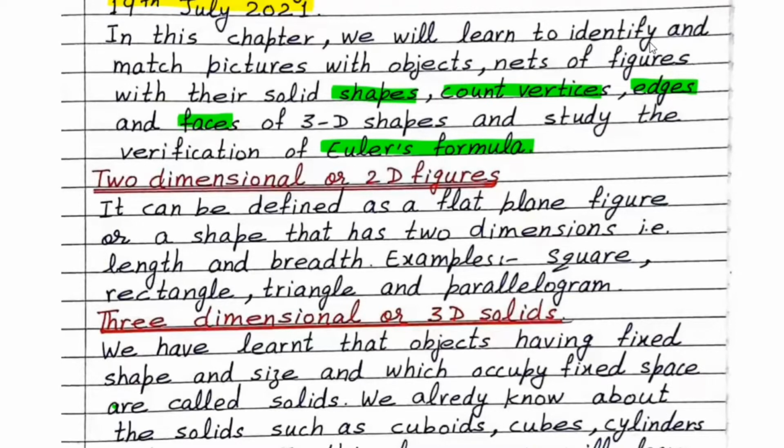Let us discuss what is the meaning of two-dimensional shapes, or we can call them 2D figures. It can be defined as a flat plane figure or a shape that has two dimensions, that is length and breadth.